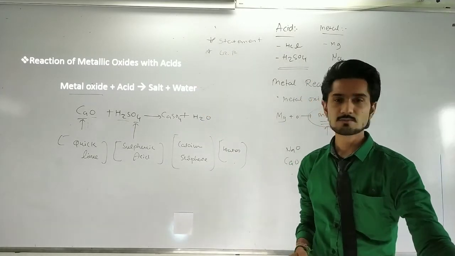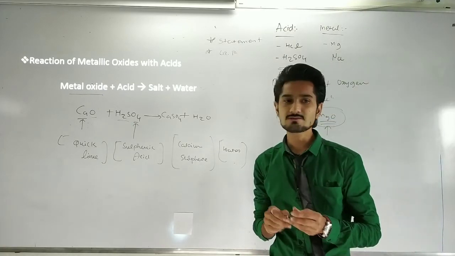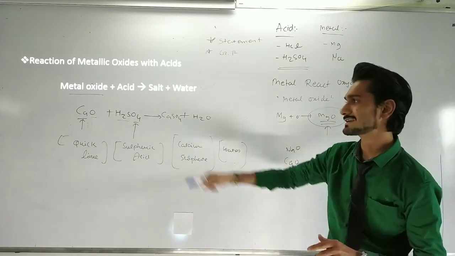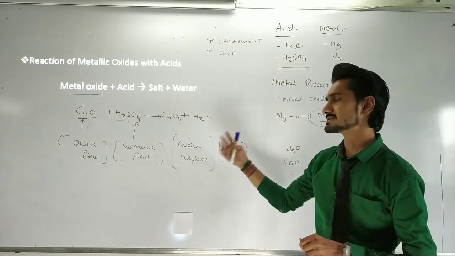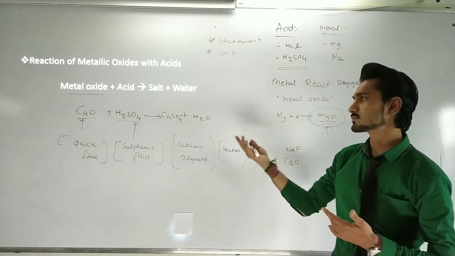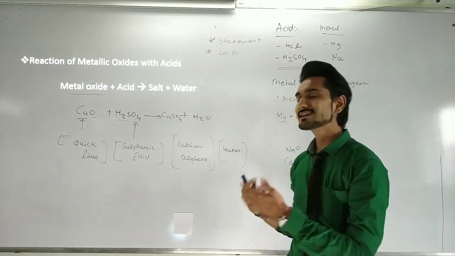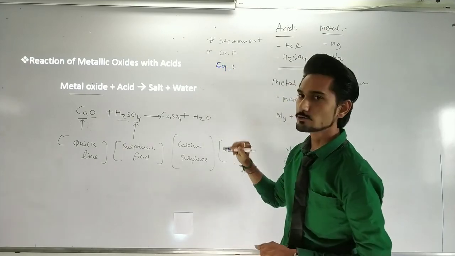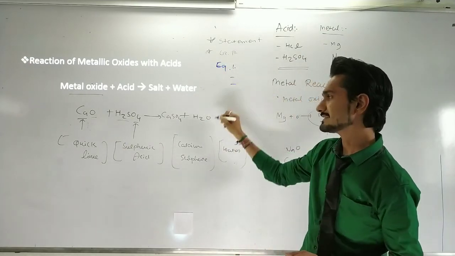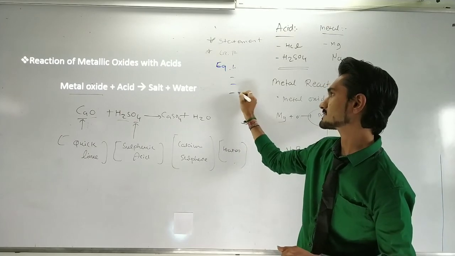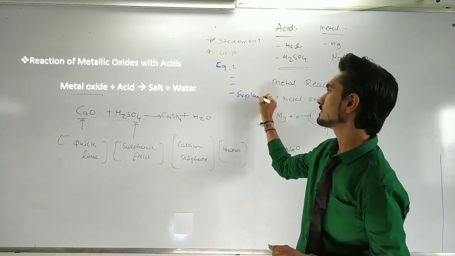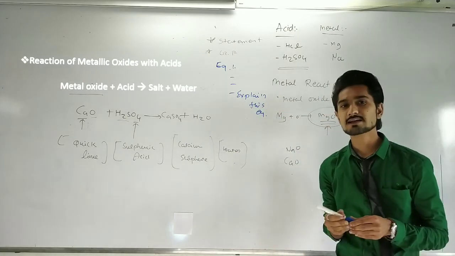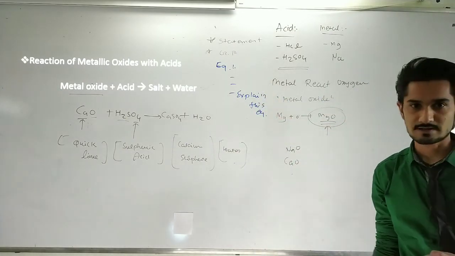You can write it from here. After that, you need to give the equation that is written here: calcium oxide and sulfuric acid combine and react, and calcium sulfate and water get released from that. So you need to write the equation, and after writing these two, you have to explain this equation. This is the way you can get the full marks for that property.